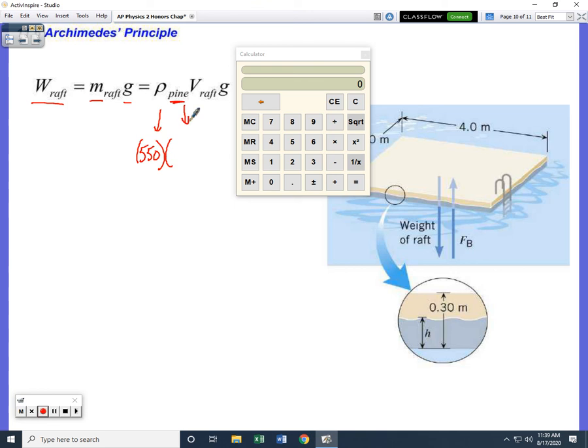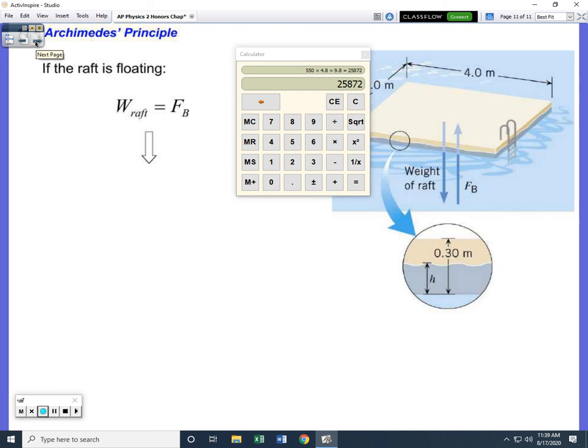The volume of the raft was 4.8 meters. And then gravity is just our 9.8. So if I take 550 times 4.8 times 9.8, we get that this is 25,872 newtons.